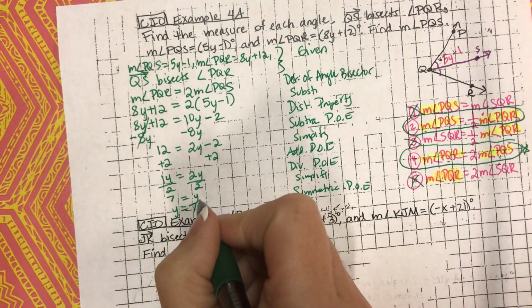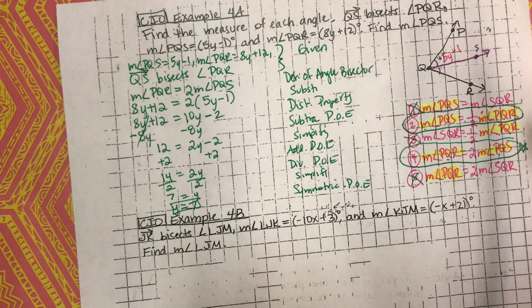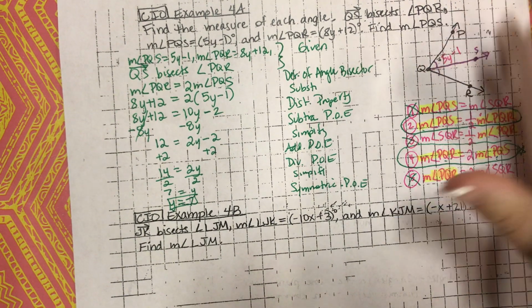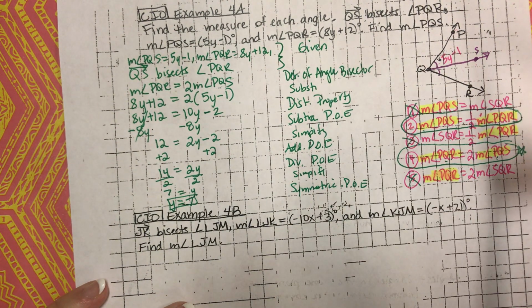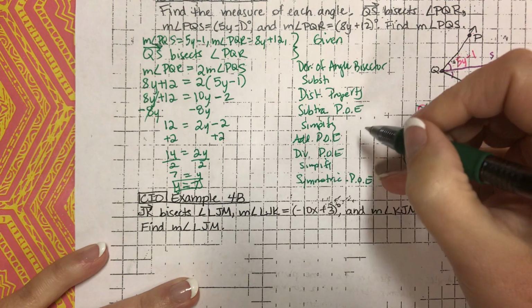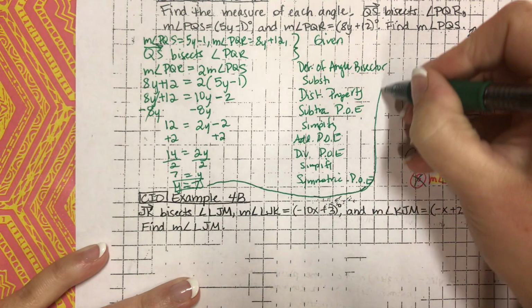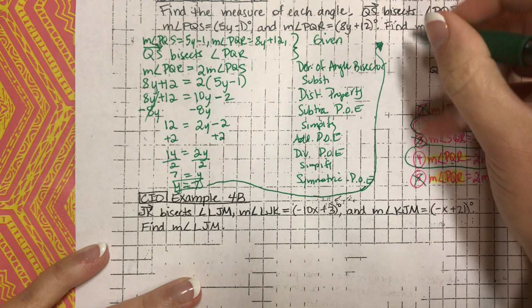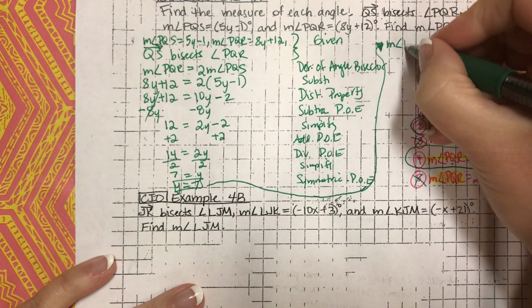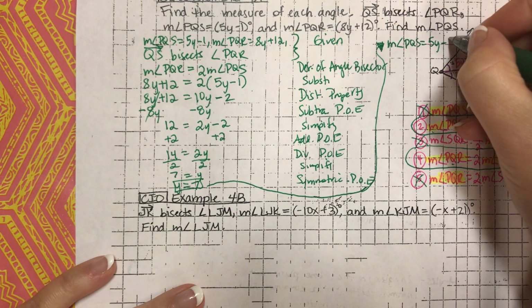Okay, so now I know that y equals 7, but the problem wants us to find the measure of PQS. Okay, so I'm kind of running out of room here. So I'm going to go right on a little journey up here, okay? And so I'm going to write that the measure of angle PQS is equal to 5y minus 1.